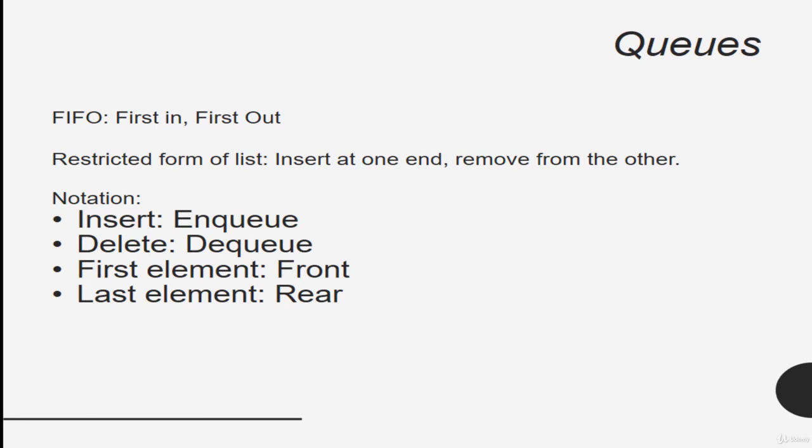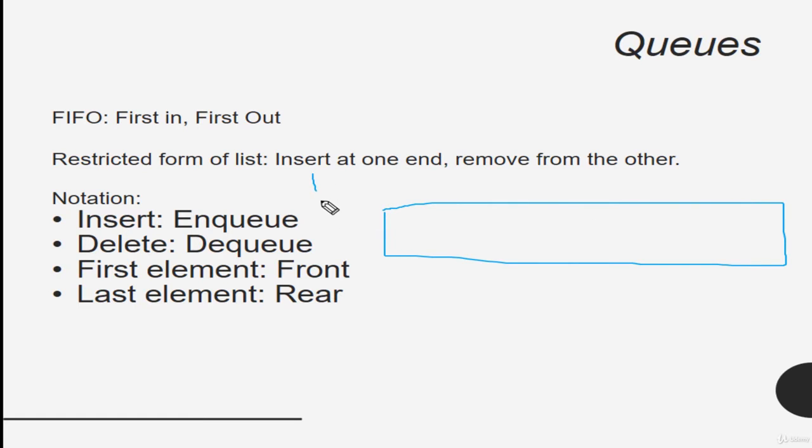Let's just turn to the queue. Queue is yet another linear data structure in which the elements are added at one end, which is called the rear. Let's just make a queue. This is called the queue, where you can add the element, so it is called rear.